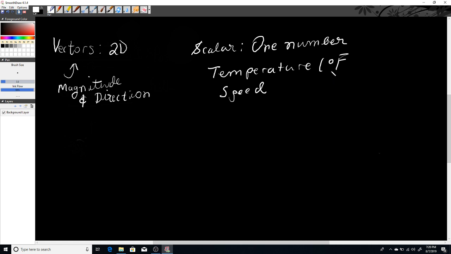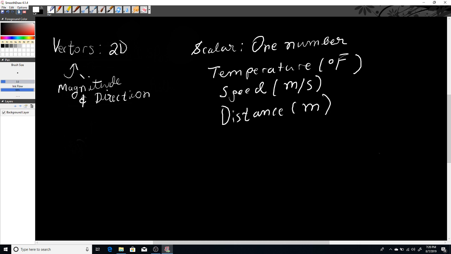If it's 10 degrees Fahrenheit, it's always 10 degrees Fahrenheit. It doesn't matter what direction you're looking at. Speed is a scalar as well, and there are other scalars like distance.